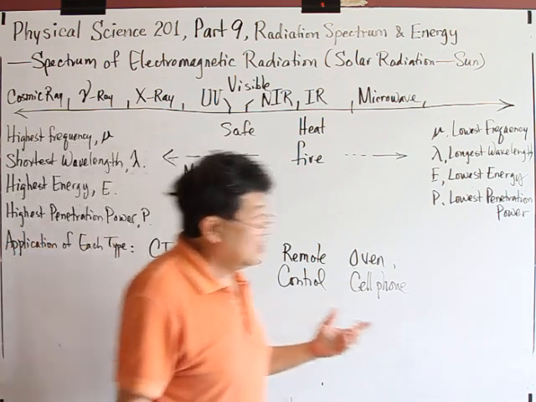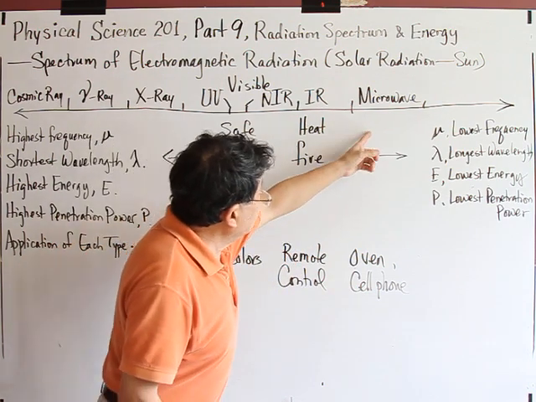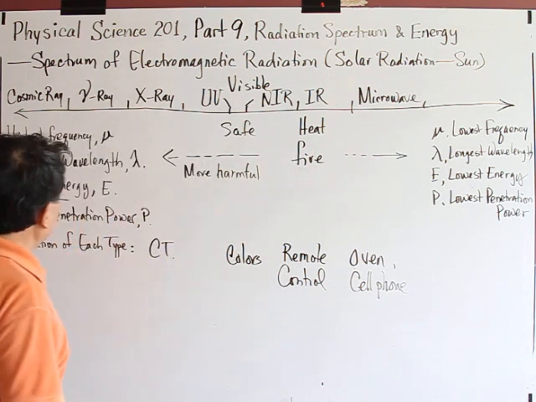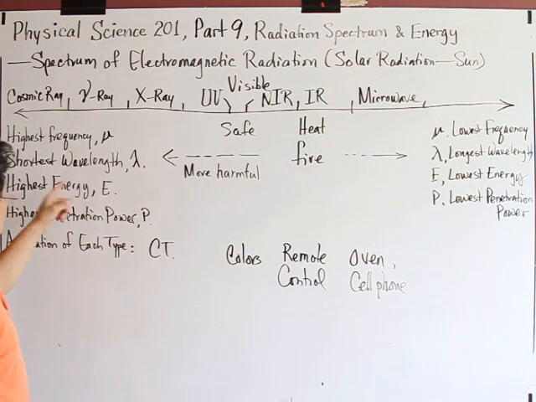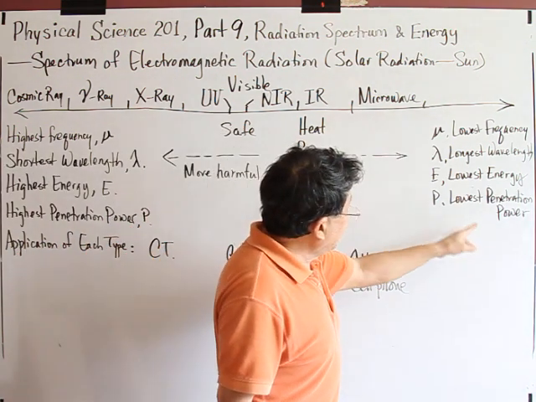Why? Scientifically, we just learned. Look, the microwave band, where is it? Is it on the left side of the spectrum with very high frequency, high energy, high penetration power? No, it is not. It's almost at the end of the spectrum.